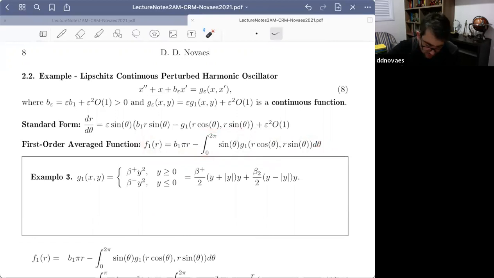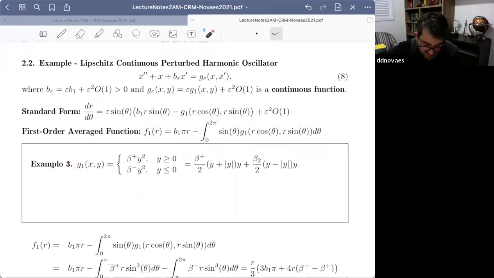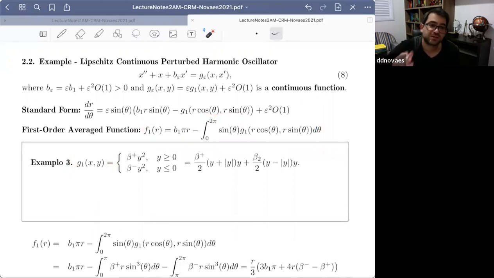Now let's consider a more specific example. We saw that in the continuous case, if we have a quadratic perturbation, then the first order average function does not provide the existence of periodic solutions. So in this less regular context, let's consider a piecewise quadratic perturbation, G1 as beta plus times y squared for y positive and beta minus y squared for y negative.